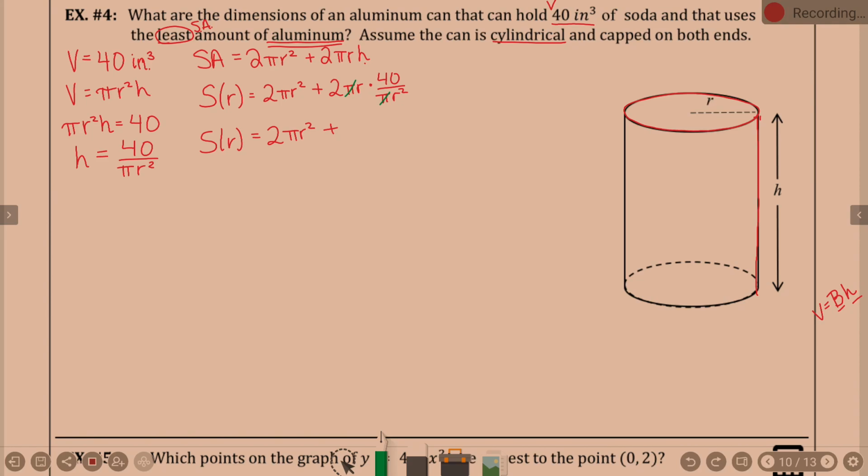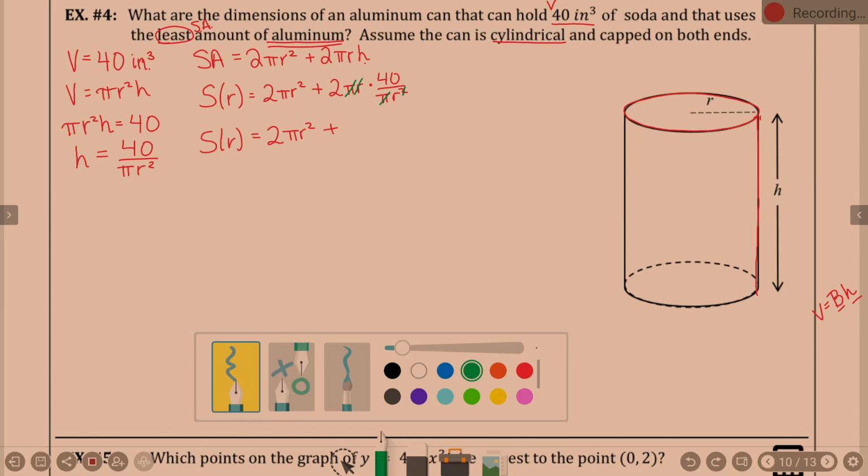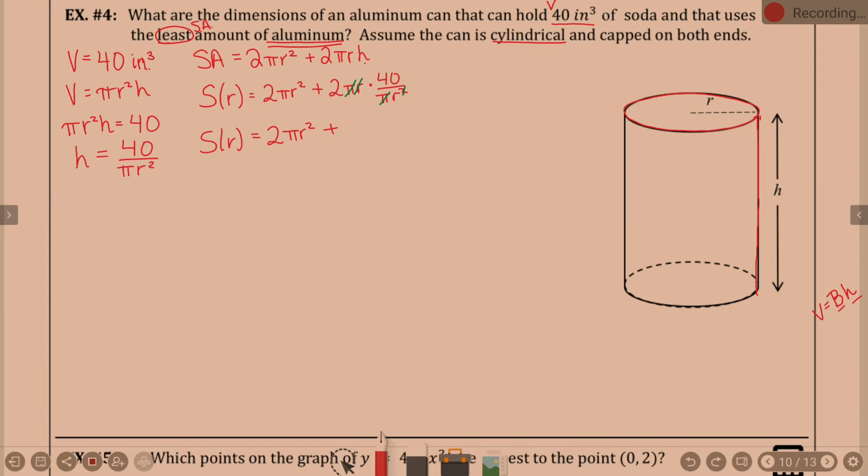One r on top cancels with one r on bottom, so it's 80 over r. You good with that? Now, I am going to rewrite it one more time because this is our primary, which means I'm going to have to take the derivative. So what about that 80 over r? I'm going to write 2 pi r squared plus 80 r to the negative first.